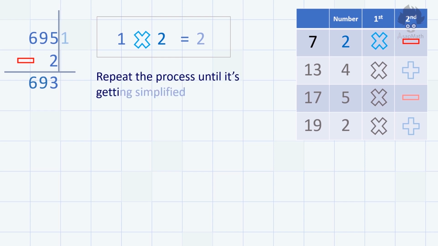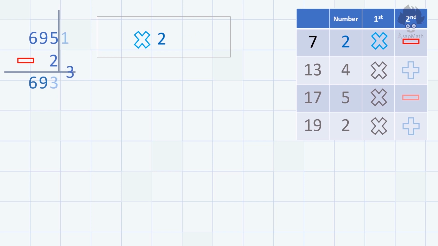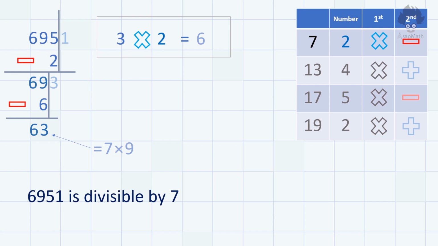Then the process is again repeated. Now the last number is number 3. It is multiplied by 2. Answer is 6. When 6 is subtracted, the answer is 63. It is divisible by 7. Then the whole number is divisible by 7.